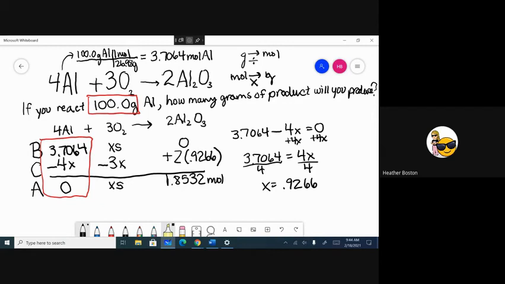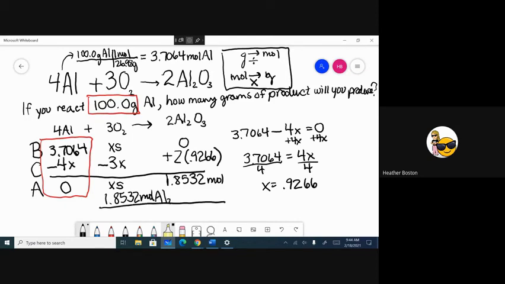So when you're doing these problems, maybe it's good for the first several problems that you do to put this next to your problem or top of your assignment so you can always look. So I'm going to show you why I multiply, because I'm going to take 1.8532 moles of aluminum oxide.